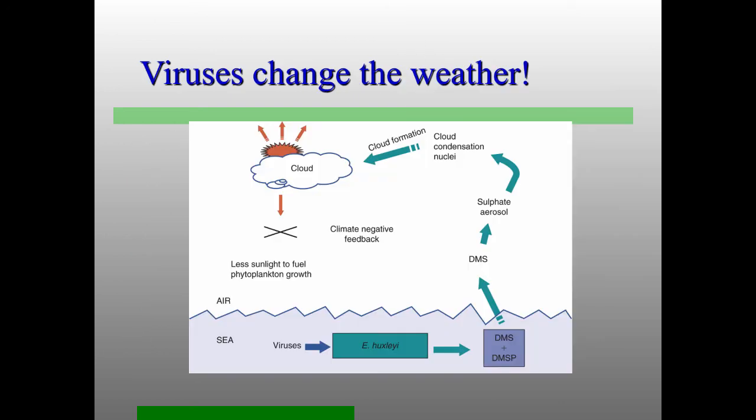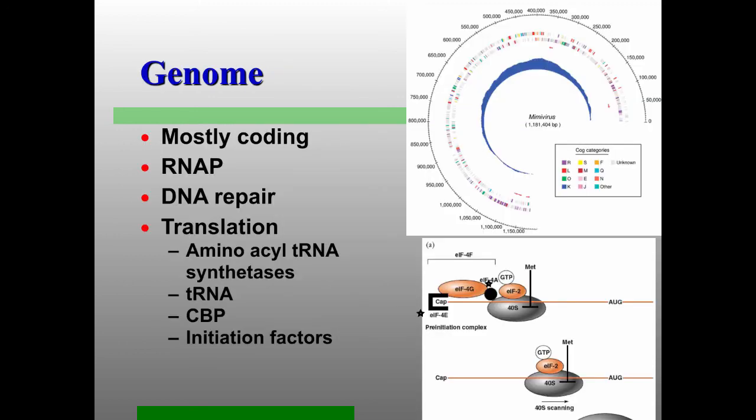We talked really briefly about the EHUX viruses that change the weather just because of the massive numbers of the coccolithophores and the coccolithophore viruses which are infecting things in there. But genome-wise, Mimivirus was the king. Now we're at Pandora virus, which is twice as big, but really, really massive genomes. This is 1 million base pairs in size.